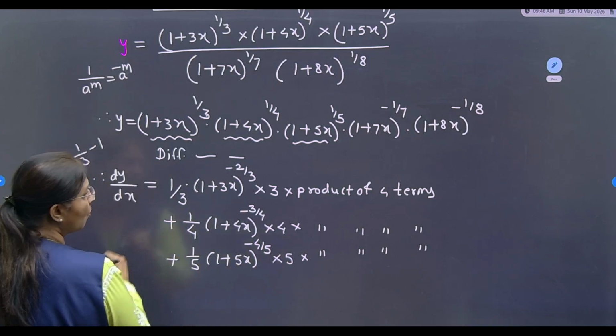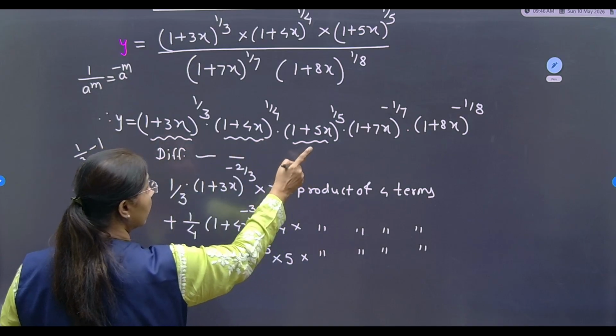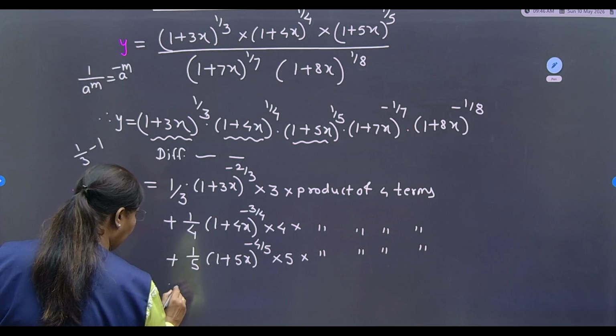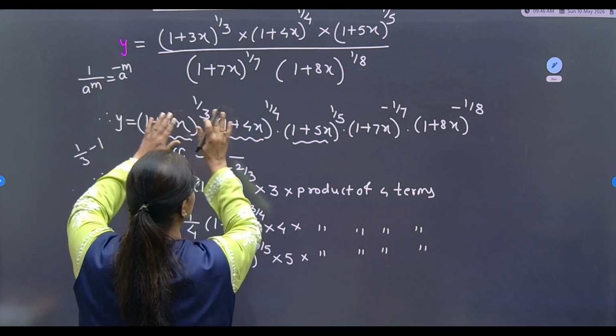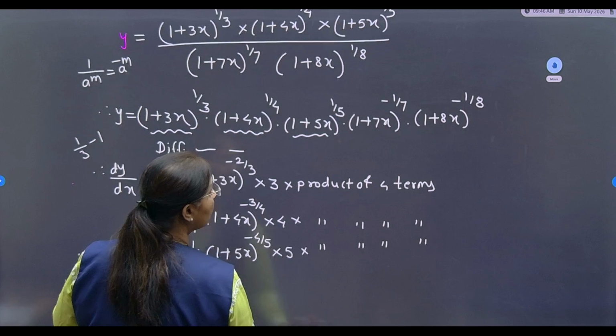Continuing the process, in the last 2 parts we get the first, second, third terms as it is, and 1 plus 7x raised to minus 1 by 7.